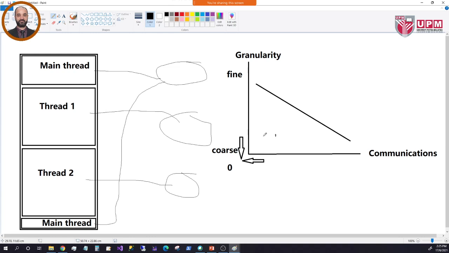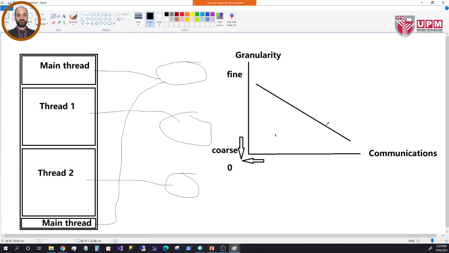The number of tasks is very low. That's why the communication is very low, right? But if the granularity increases, for example, let's say we have 100 tasks in our program, so the communication is also going to increase.